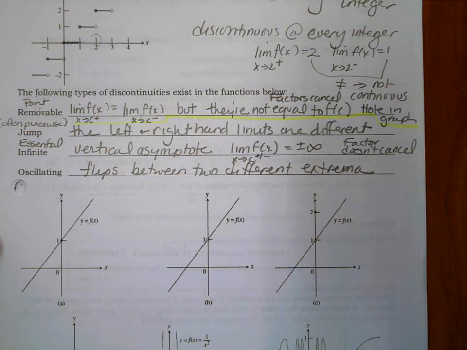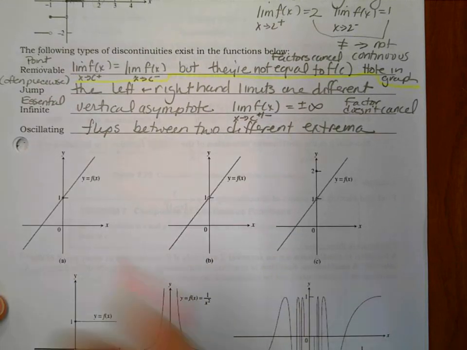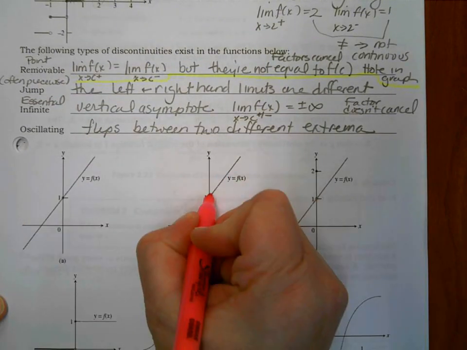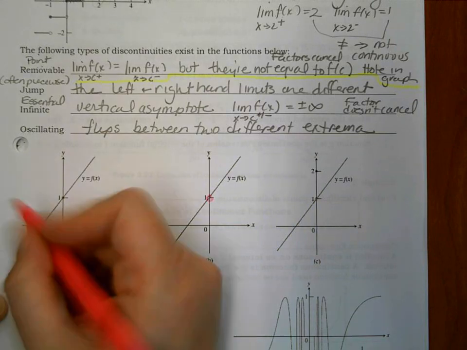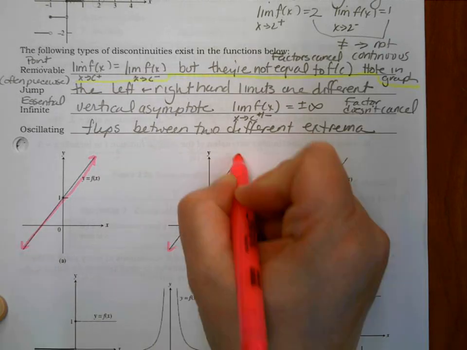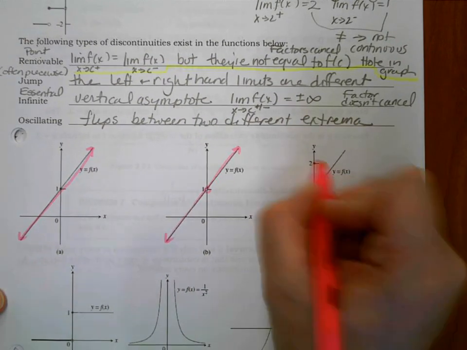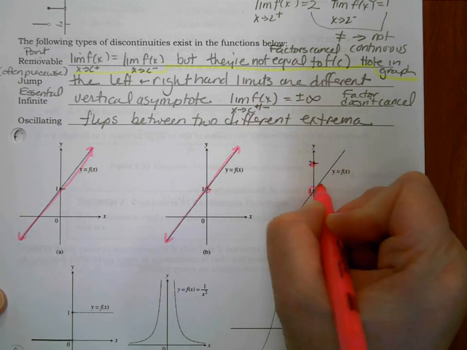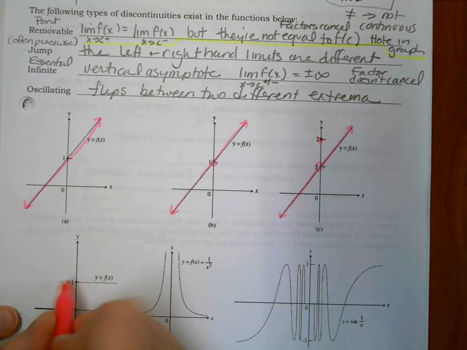Okay, so if you look at these 6 graphs, and some of them didn't come out super well because you can't in this one see there's supposed to be a hole here, and they should have arrows on them, so this graphic did not come through very well. So I'm going to kind of add on to this a little bit. What I want you to do is take a minute, maybe pause the video, and look at each of these and decide what type of discontinuity you have in each case.